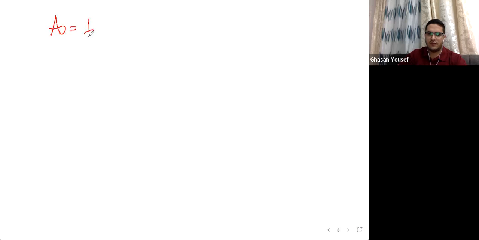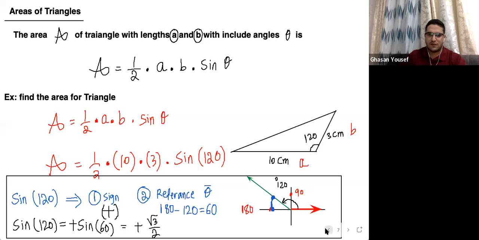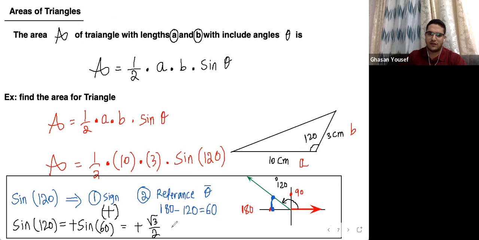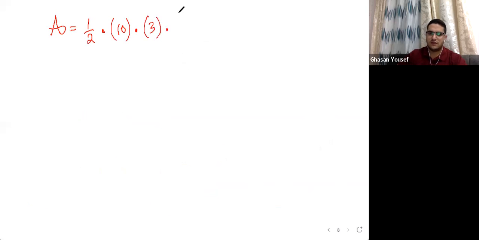Area equals 1/2 times 10 times 3 times the sine of 120. The sine of 120 is positive square root of 3 over 2. Now we can solve it.